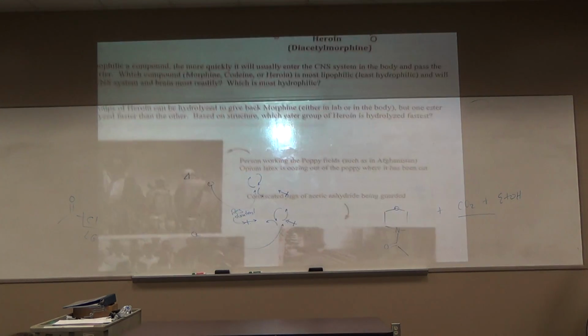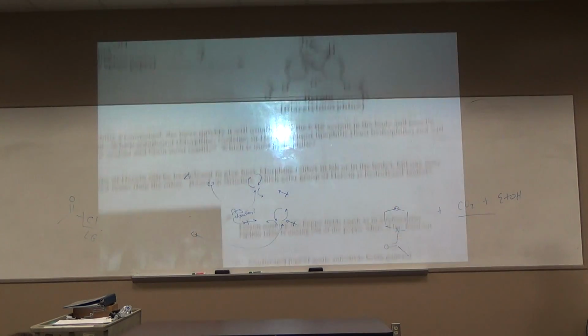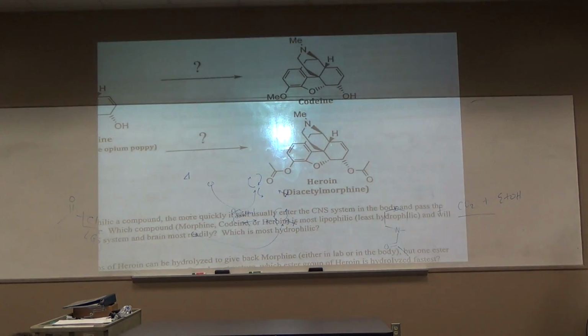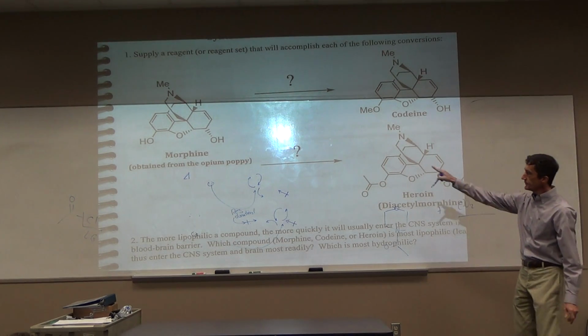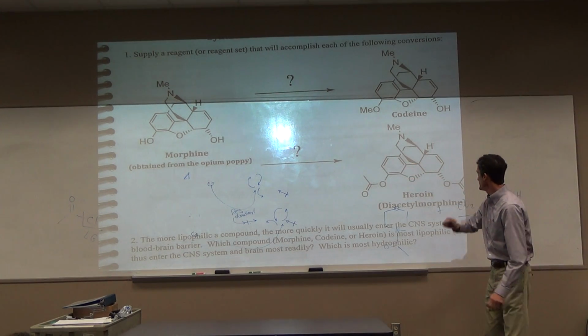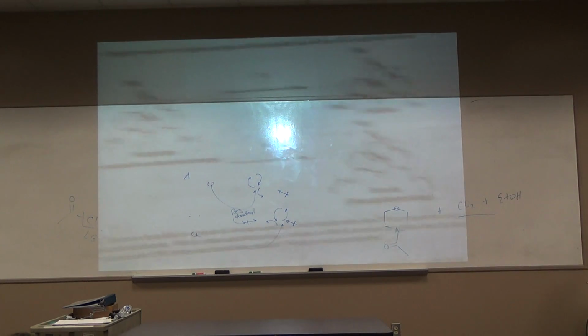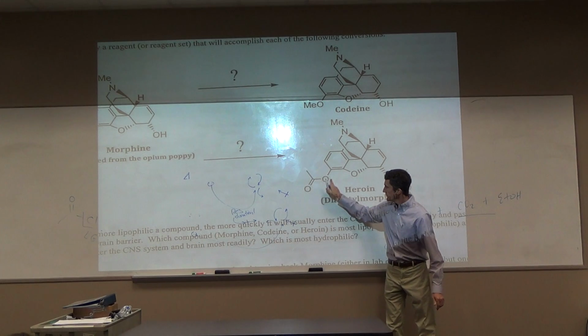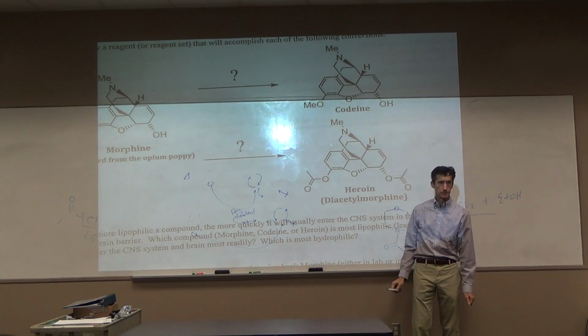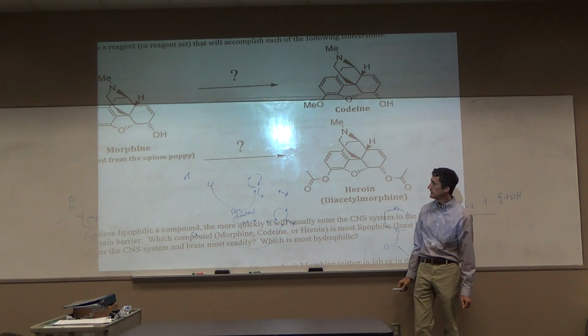And on page 47 in your lab manual workbook, we see heroin. There's morphine over there. You got two OH groups. But in heroin, each OH group is now what? What type of functional group? Ester. Okay?